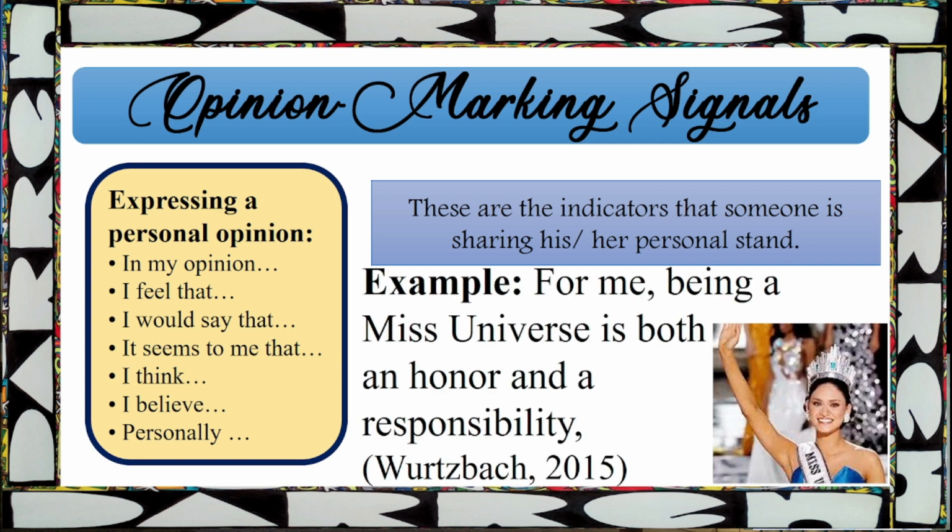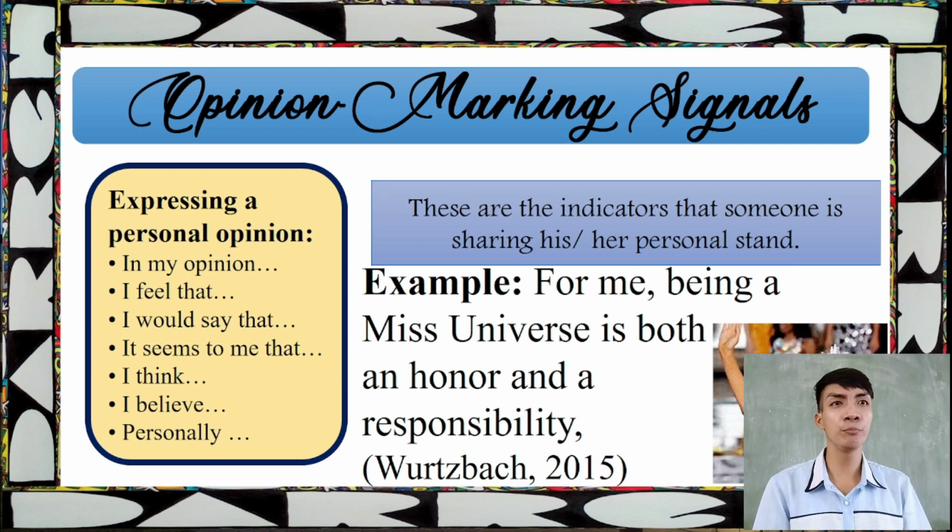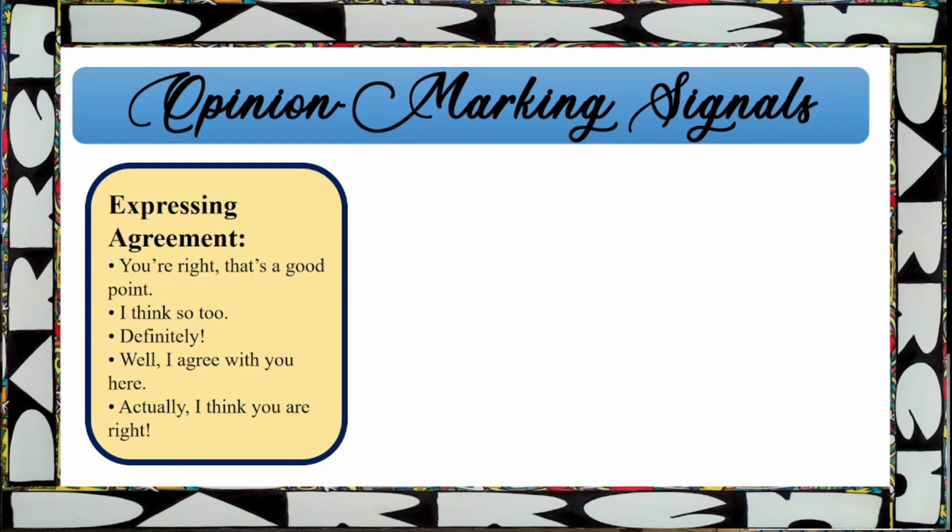For example, "For me, being a Miss Universe is both an honor and responsibility," Wurzbach, 2015. So Miss Wurzbach personally believed that to be a Miss Universe is both an honor and a responsibility. This personal thought can be influenced by her background knowledge or her personal experiences.